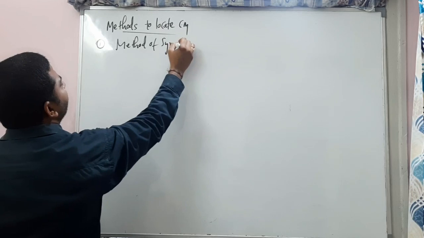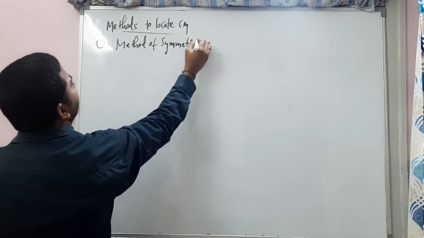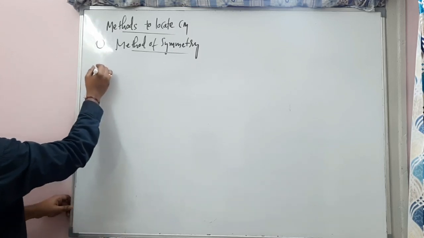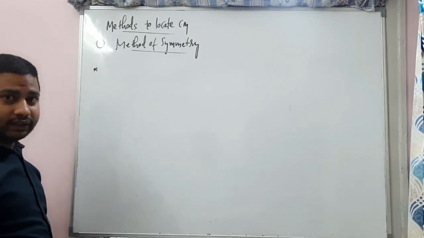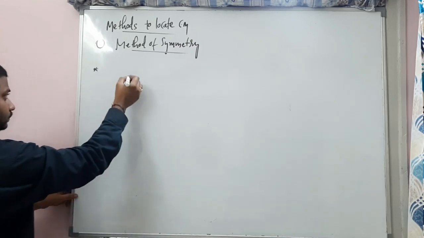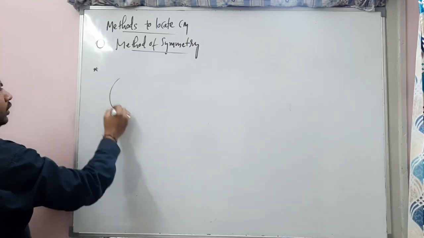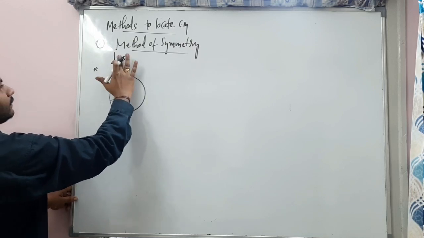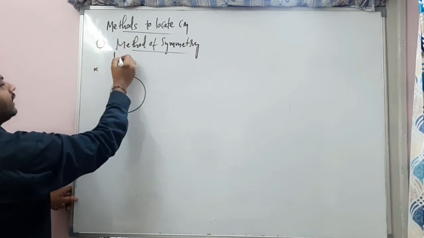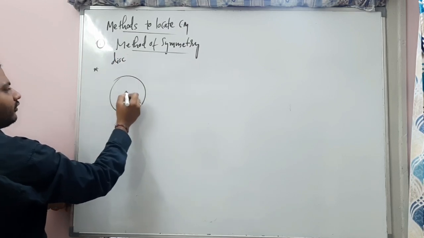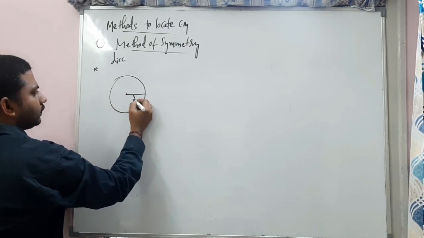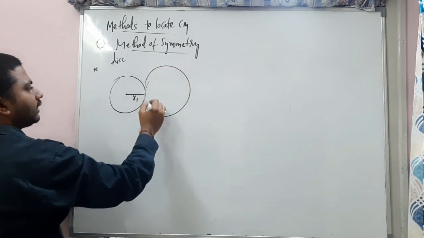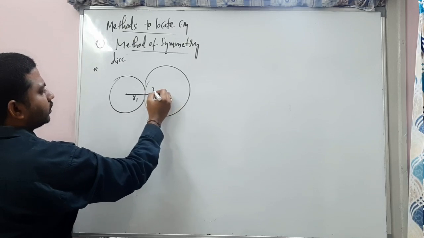What is meant by the method of symmetry? I'll tell you. Let's take an example here. Let's take two examples today. So there is a disk here of radius R1. So there is another disk here of radius R2. Observe.